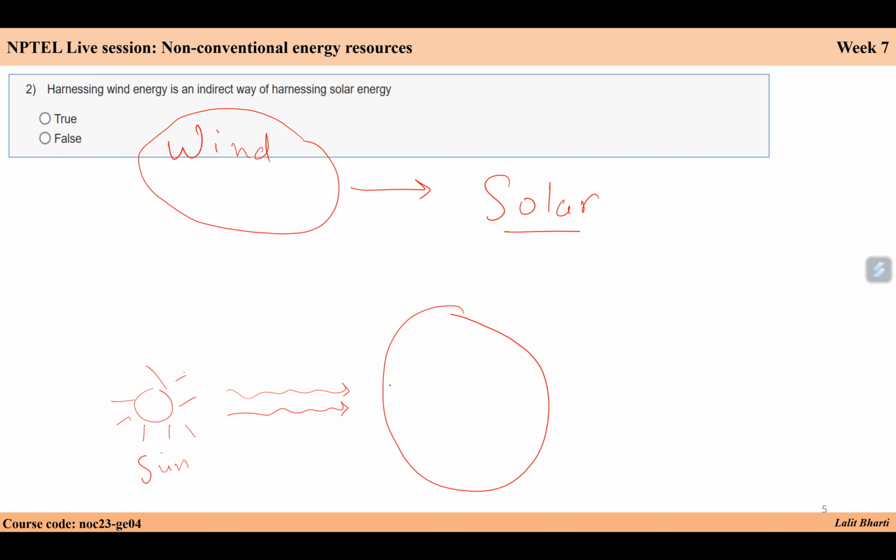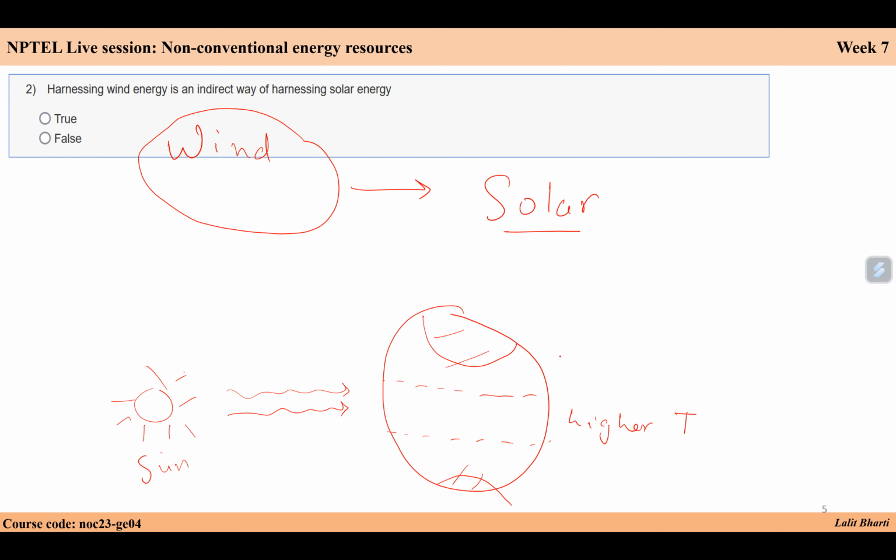If the sun rays are directly hitting earth, this portion will have higher temperatures, whereas these portions will have lower temperatures.